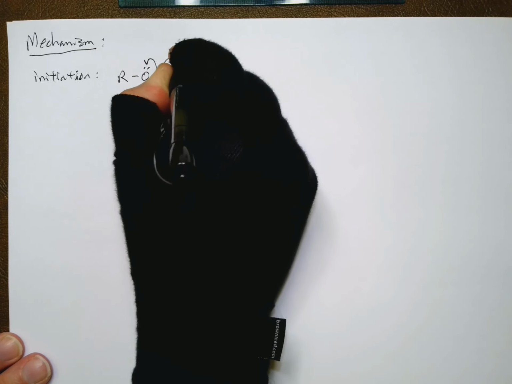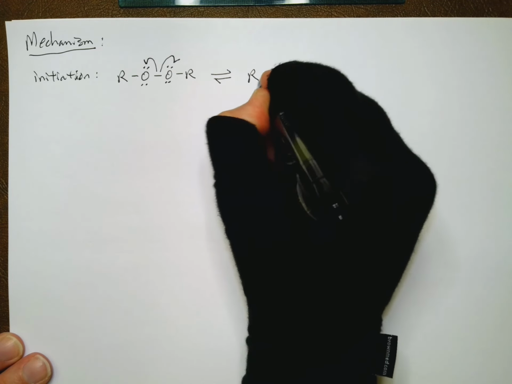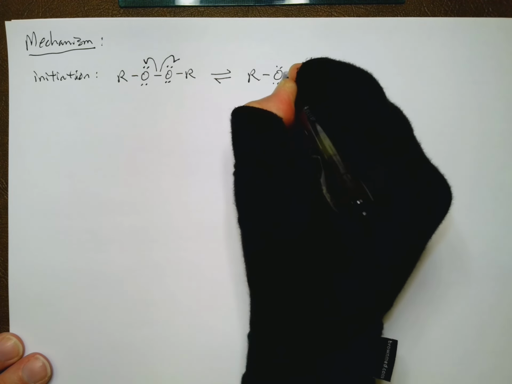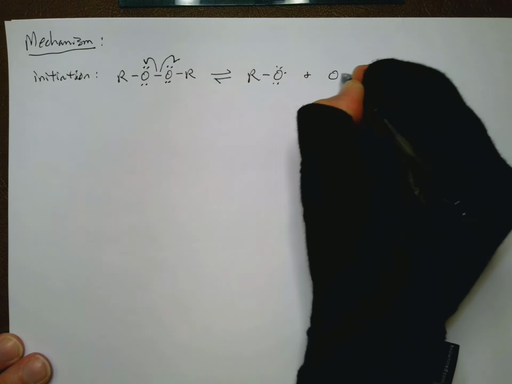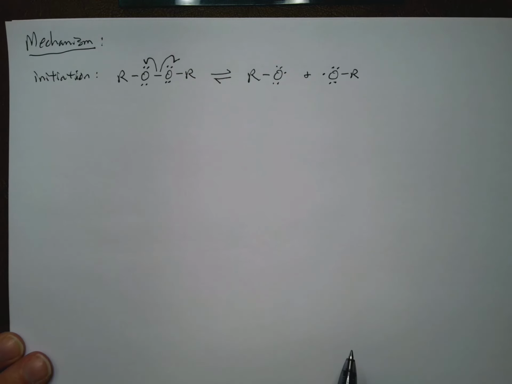So we'll have that fall apart to give us RO dot plus OR dot.